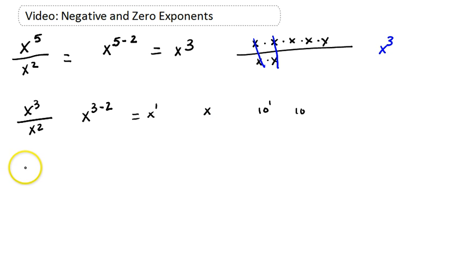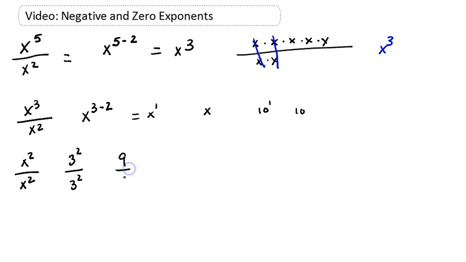But what happens if I have something like this? X to the second power over x to the second power. Let's say this was 3 to the second power over 3 to the second power.